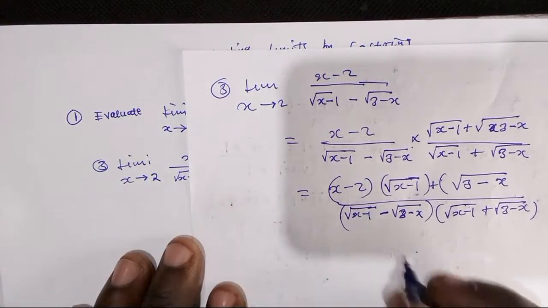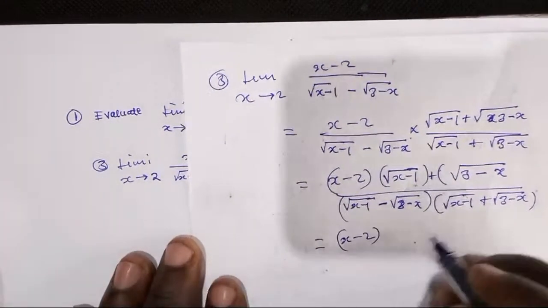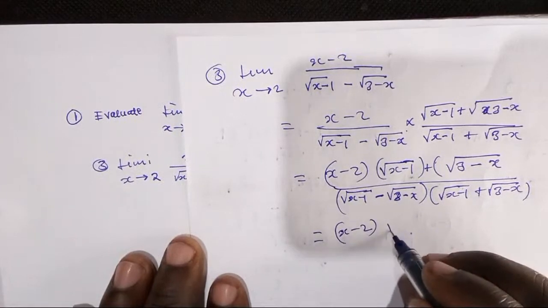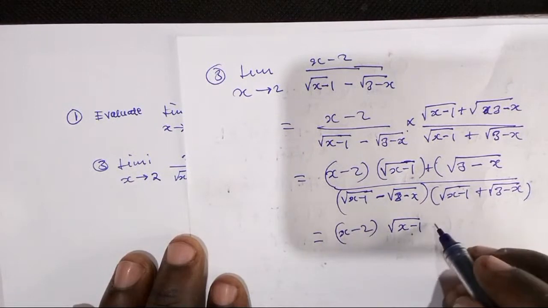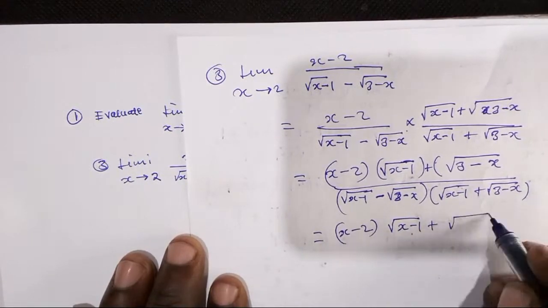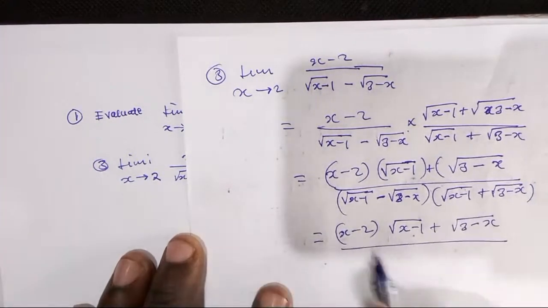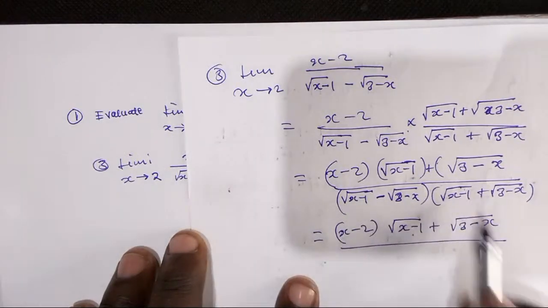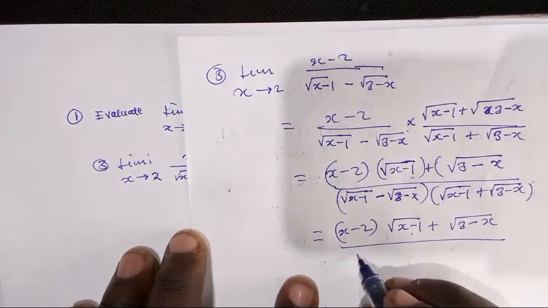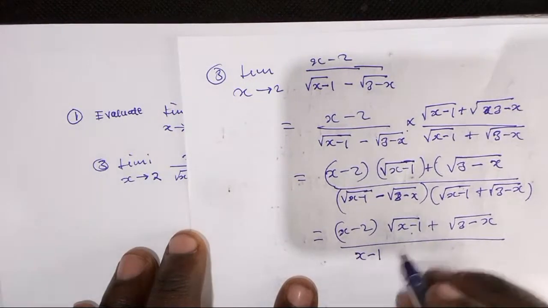Then we have x minus 2 in the bracket, then root x minus 1 plus root 3 minus x, then over root x minus 1 multiplied by root x minus 1, we are going to have x minus 1, right?